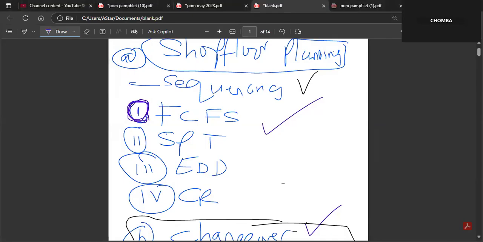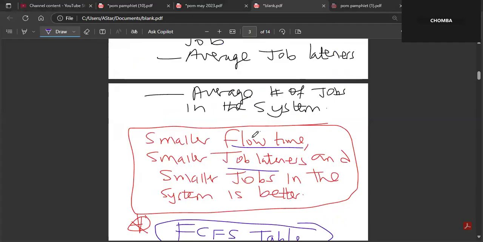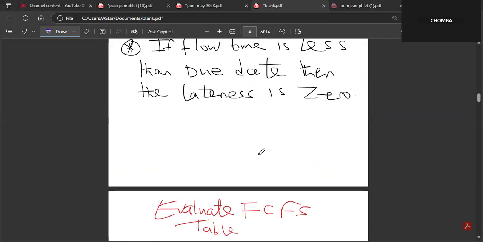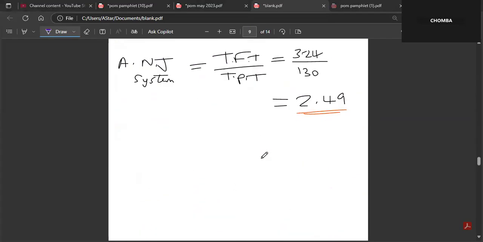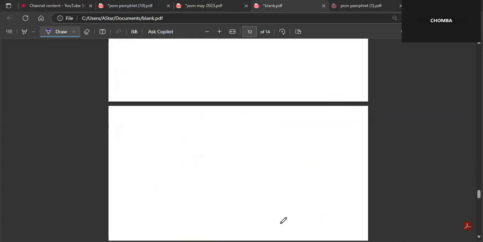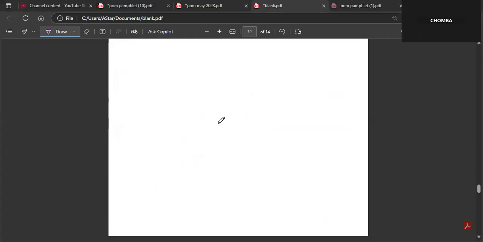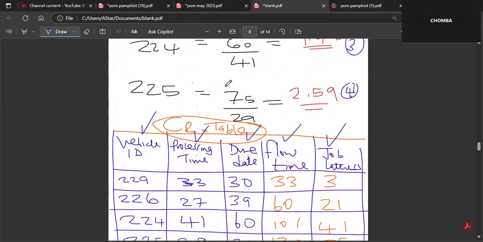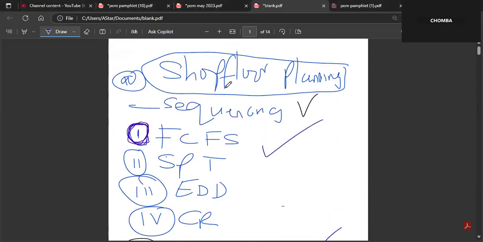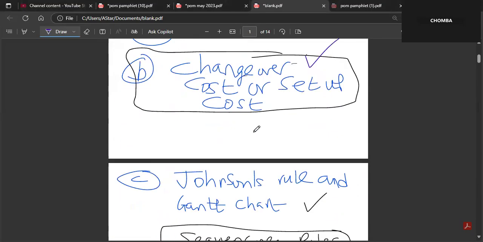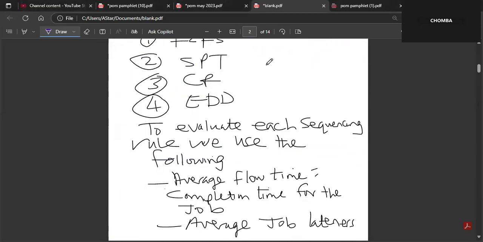For this Gantt chart, we use Johnson's rule. So the concept is what is important. From here you can see we've tackled the sequencing rule, changeover. So Johnson's rule, last part. Let's do the last part quickly.